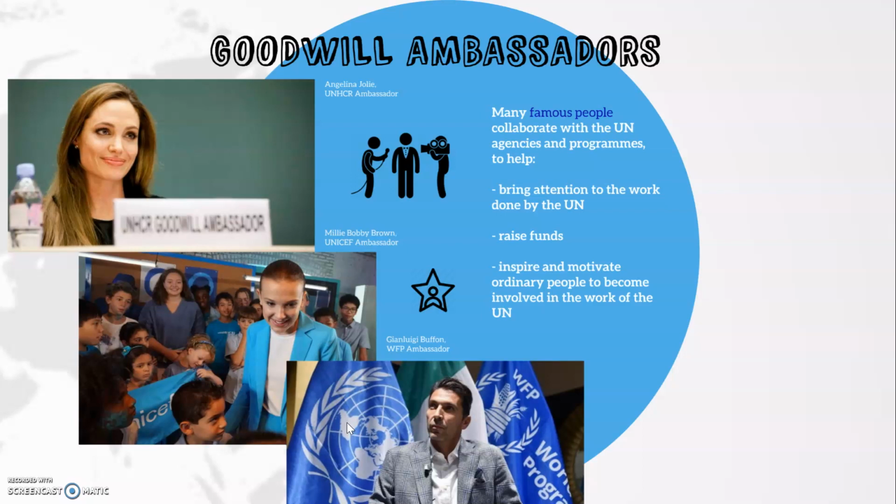Not every famous person can become a goodwill ambassador. They must have demonstrated commitment before they are appointed. Quindi prima di essere, insomma, designati ambasciatori devono aver dimostrato di essere interessati alla missione, insomma. Ecco.